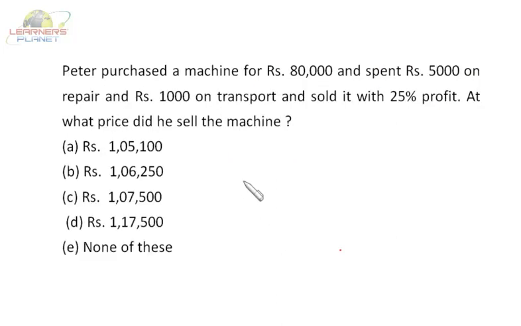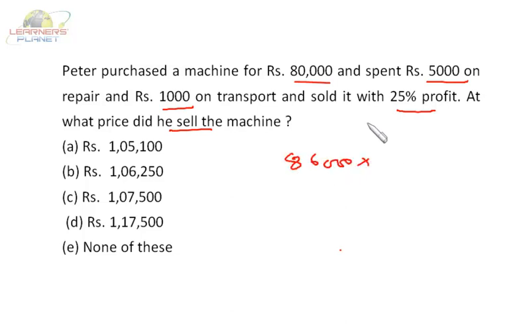Now let's see this question. Peter purchased a machine for 80,000 and spent rupees 5,000 on repairs and 1,000 on transport and sold it for 25% profit. Now we have to find out the selling price of the machine. Now Peter is spending something around 5 plus 1, 6,000 after buying it for 80,000. That means before selling he is incurring total 86,000 on it. That means his cost price is 86,000.